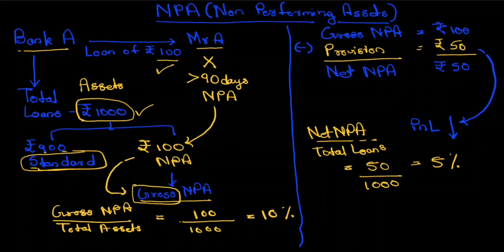Lower the NPA figures, better it is. Some top quality banks in India have gross NPA ratios as low as 1% and net NPA ratios as low as 0.3 to 0.4%. I hope now, whenever you come across a bank's balance sheet, you are easily able to calculate NPA ratios on your own.